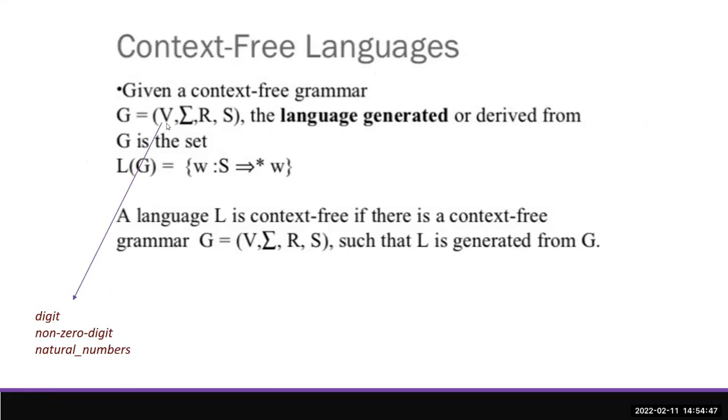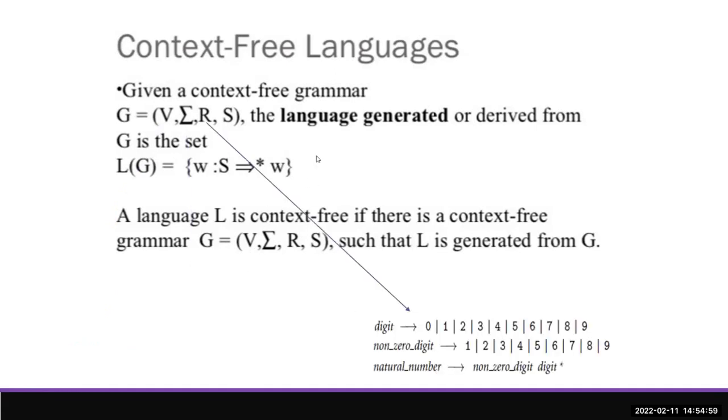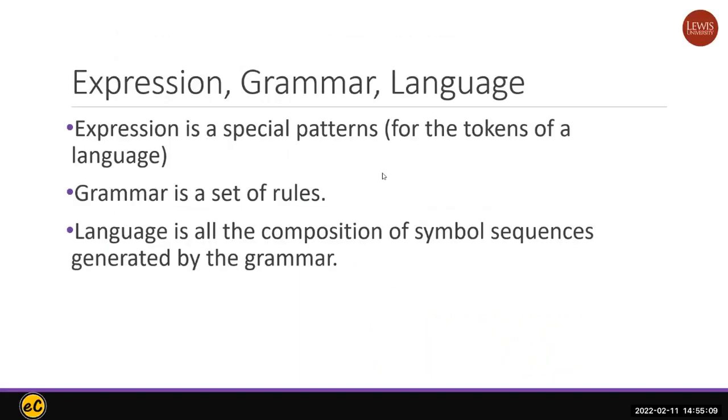These V are the vertices, so these are some nodes or some states. Terminal and non-terminal, and sigma is the alphabet. Then R is the rules, V is the vertex, and S is the starting state.